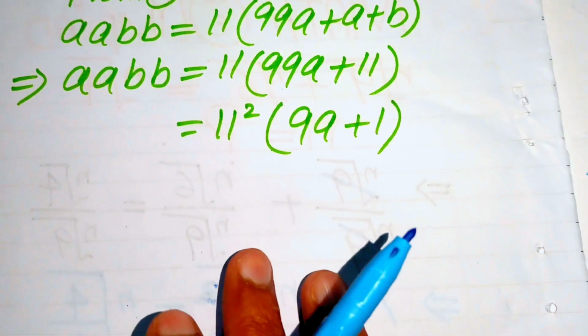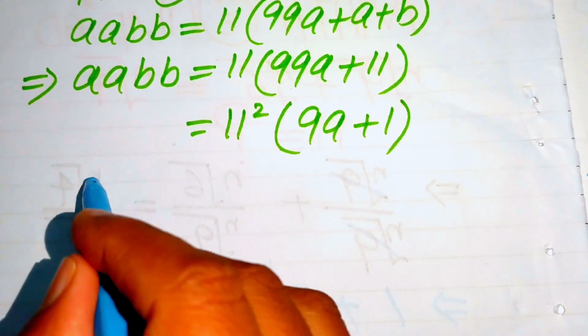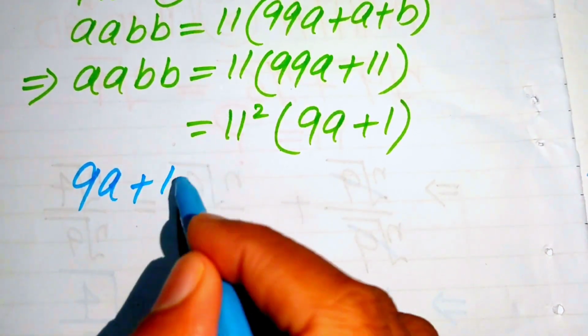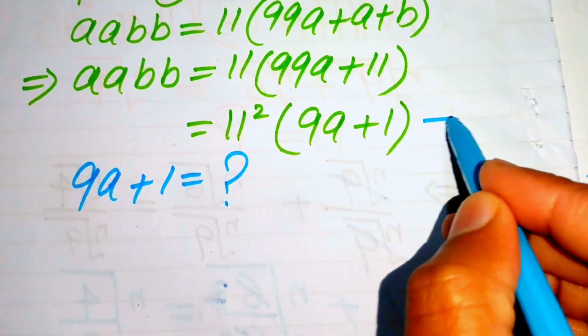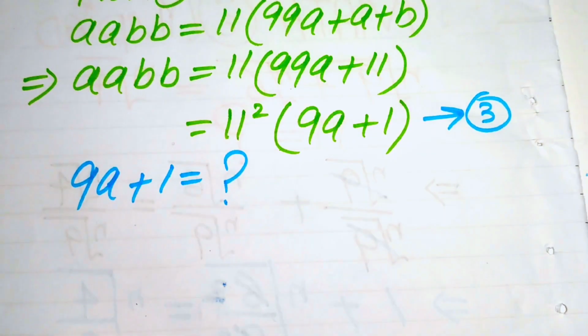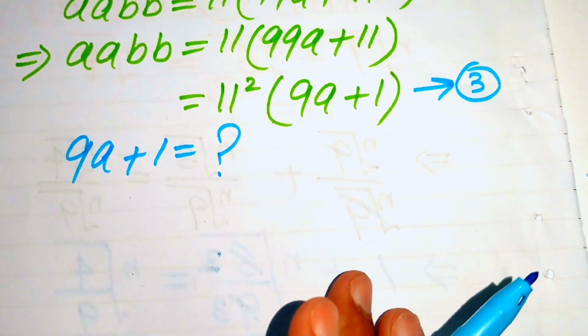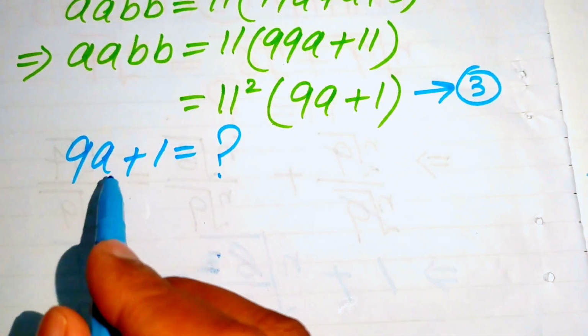Our target is to find the value of 9a plus 1, and we call this equation number 3.